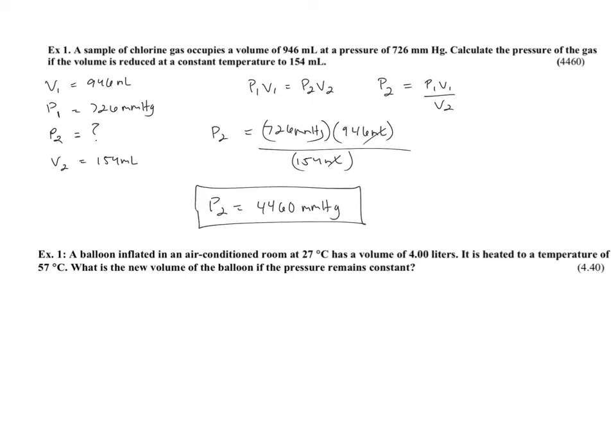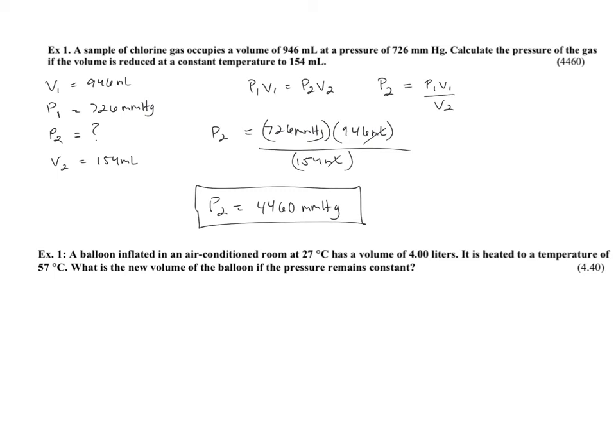This is very similar to dilution, M1V1 equals M2V2 from chapter 4. All right, another example. A balloon inflated in an air-conditioned room at 27 degrees Celsius has a volume of 4 liters. It is heated to a temperature of 57 degrees Celsius. What is the new volume of the balloon if the pressure remains constant?